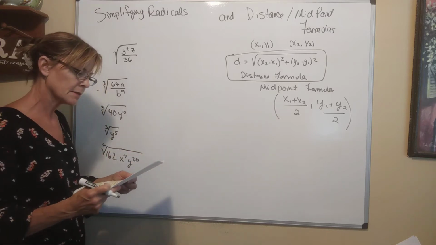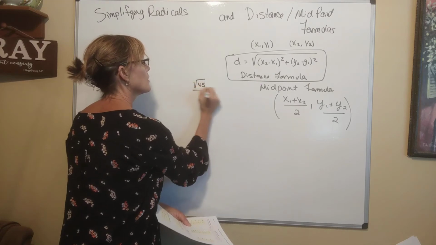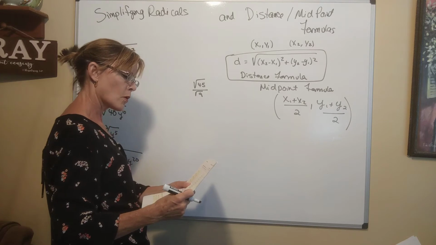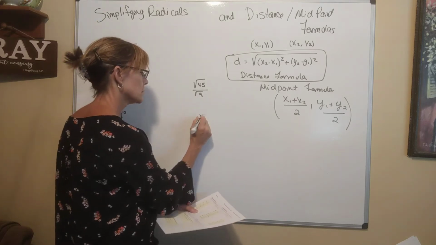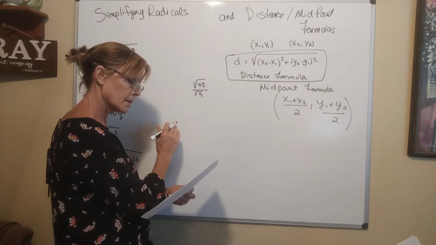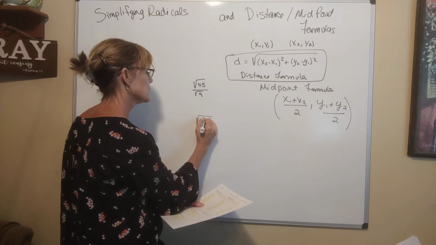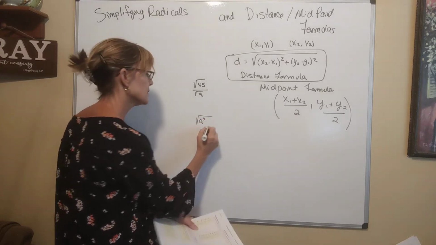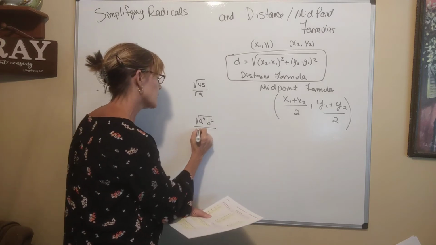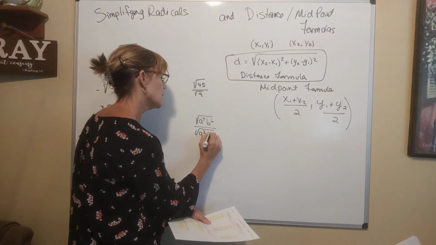And then maybe something like this, the square root of 45 over the square root of 9, or maybe the square root of a to the 7th, b to the 6th, over the square root of a cubed b squared.